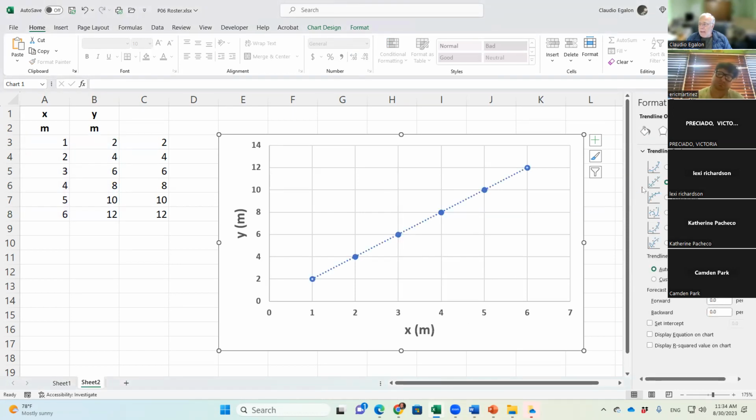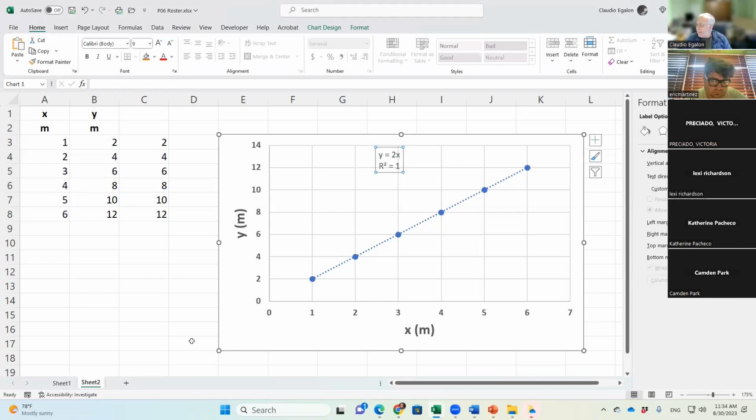Make sure that the linear trend line option is checked. In some cases, you might want to use the other ones. And you check the boxes: display equation on chart, display R square value on chart. Like that.